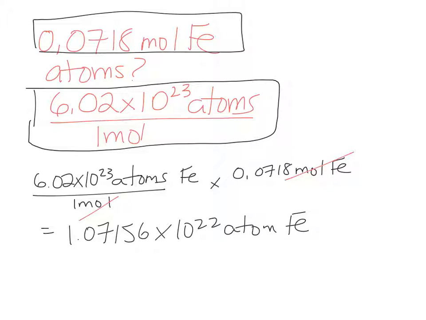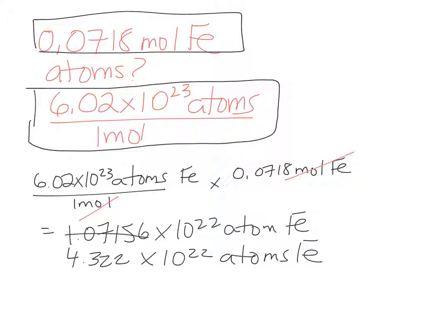I could have typed it in wrong. Yeah, I did get a wrong number. Okay, that's okay. 4.322 times 10 to the 22. That's a better number. It never works, so can I please use the window? Sure.